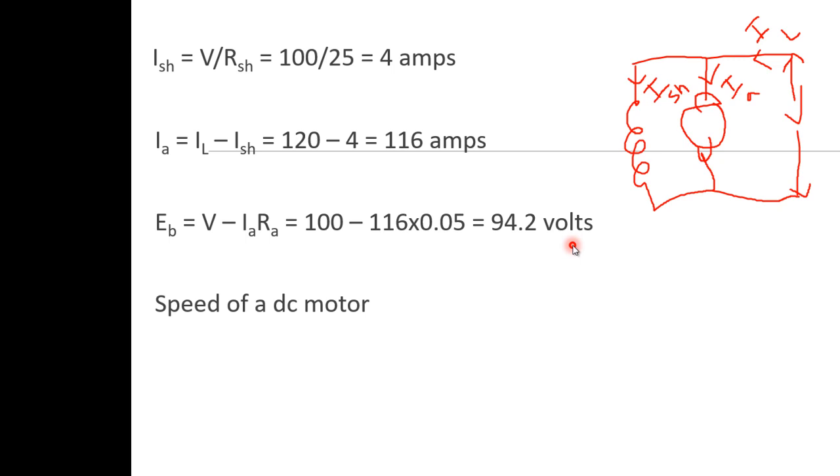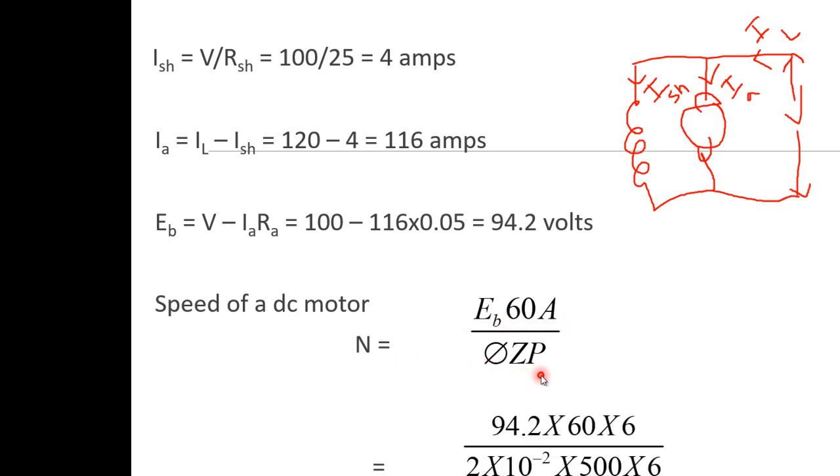So the speed of the motor, we can directly get it from the formula that EB is equal to phi Z N P by 60A. So from that, N is equal to EB into 60A by phi ZP. So substitute the values. All these values are available with us. So substitute EB is equal to 94.2 into 60 into A is 6 and P is 6, Z is 500 and phi is 2 into 10 to the power of minus 2.